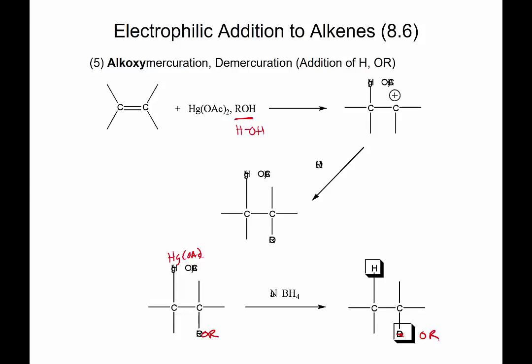So it's an easy switch from H2O, HOH, to ROH. I'm not going to spend a lot of time on that because with the mechanism, you just erase one of the H's and put an R there, and you've got the same mechanism. But that's a way to make an ether. So I can now add H and OR, Markovnikov, trans.